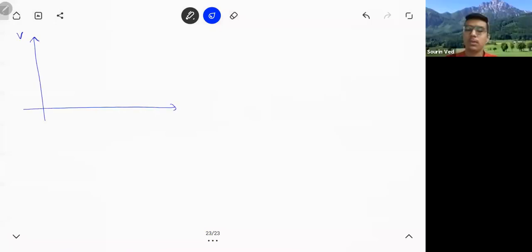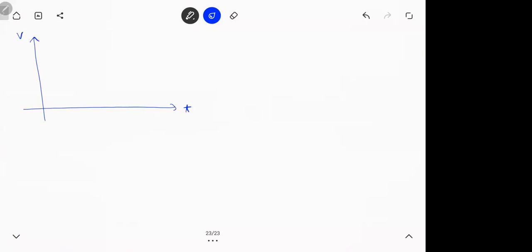No way. See, I'll draw the graph again. Make sure to always draw a separate graph. Question different, answer different. I'm doing it on the same because I'm a little lazy.